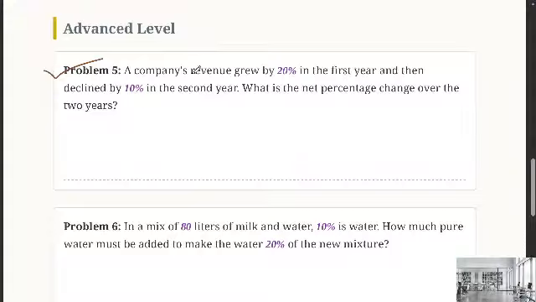A company's revenue grew by 20% in the first year and then declined by 10% in the second year. What is the net percentage change over the 2 years?